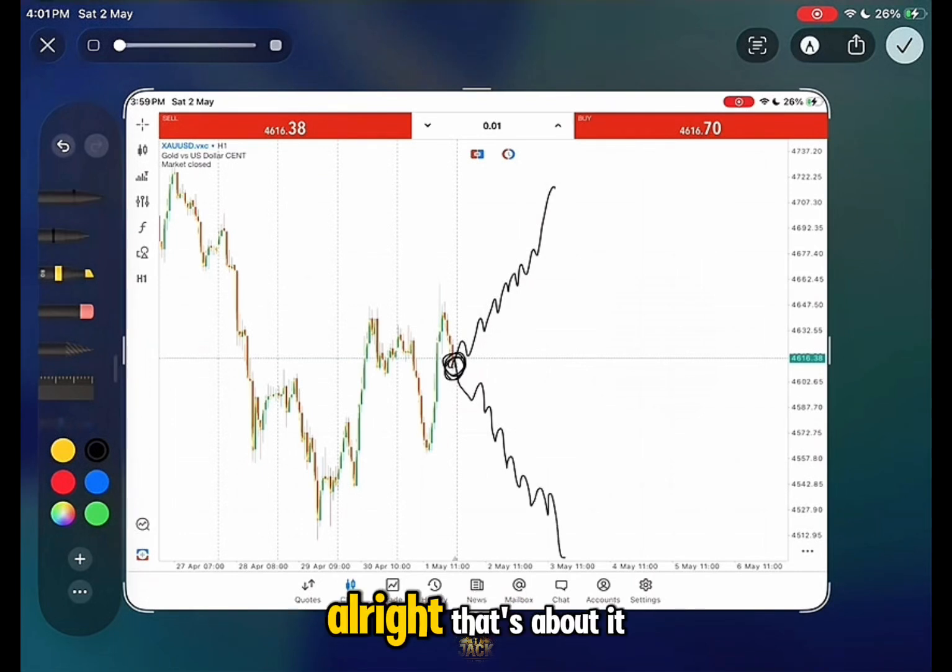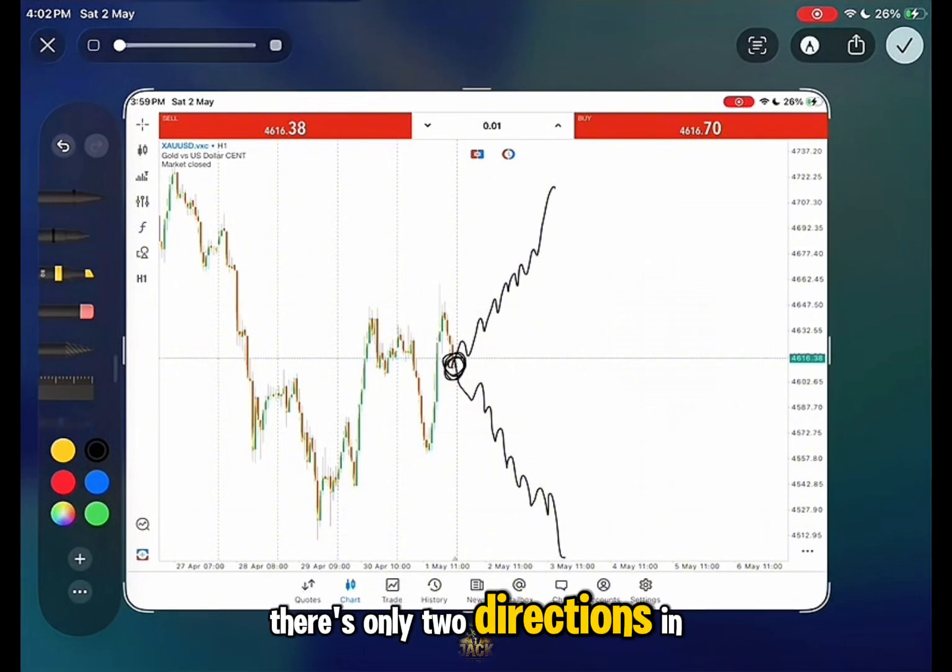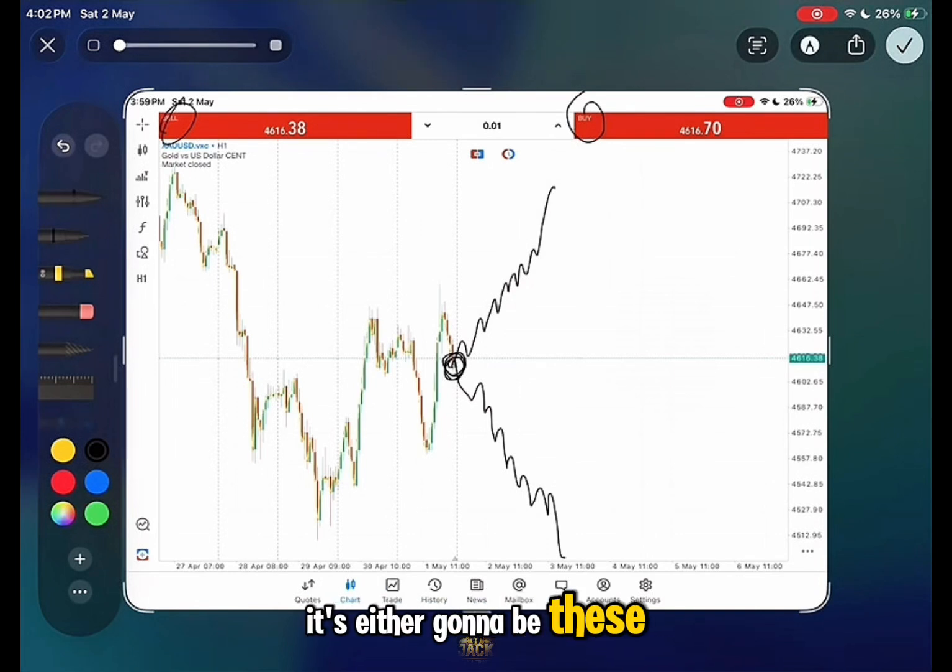That's about it. That's what you need to do. There are only two directions in the market: sell or buy. It's either going to be one of these two, 50-50. You put buy, either it's going to go up. You put sell, either it's going to go down.